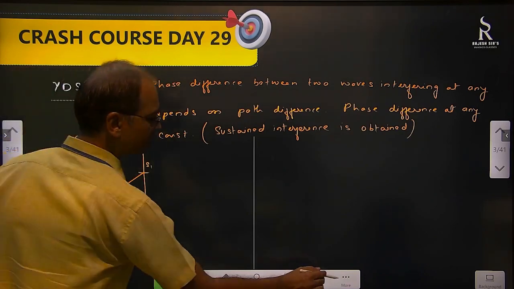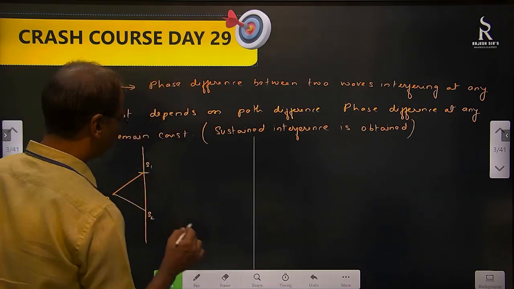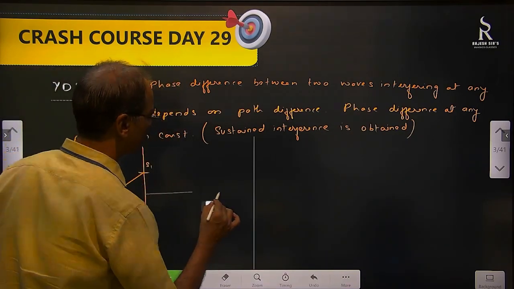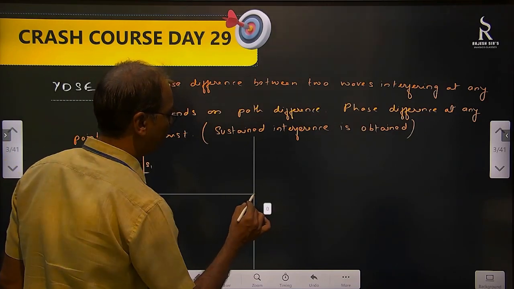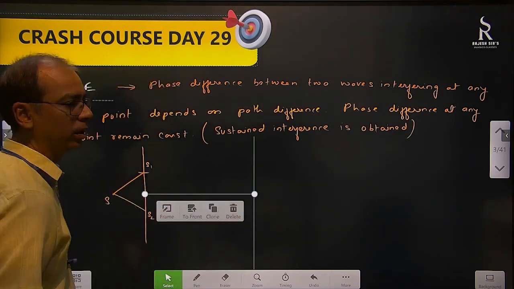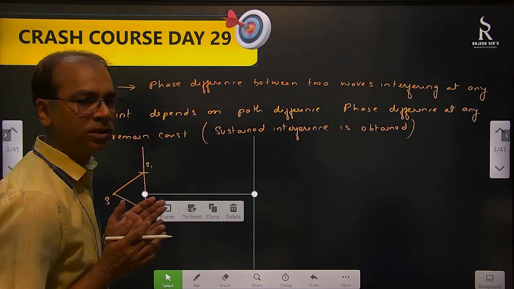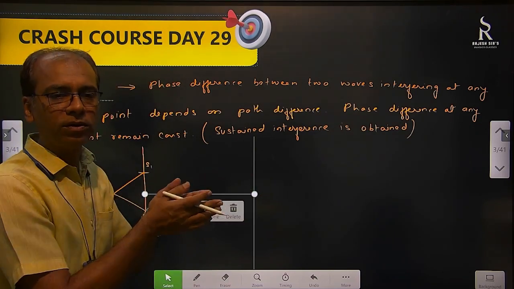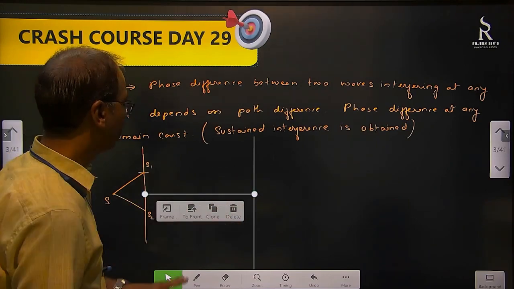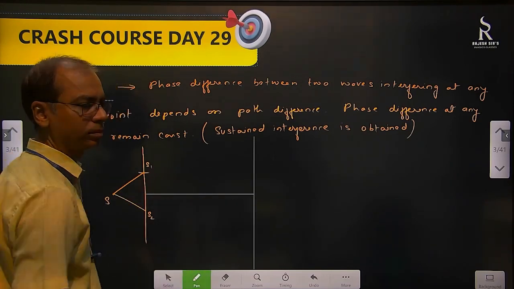Now remember that whatever we are going to see over here, the phase difference only depends on the path difference. Path difference means the length of the path that the waves are traveling. So see this point here, this is the middle point.